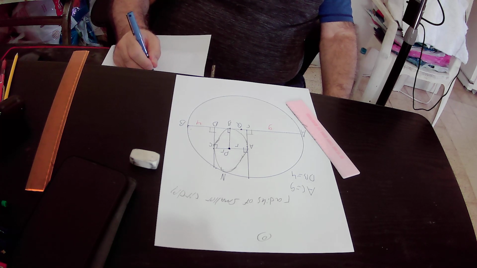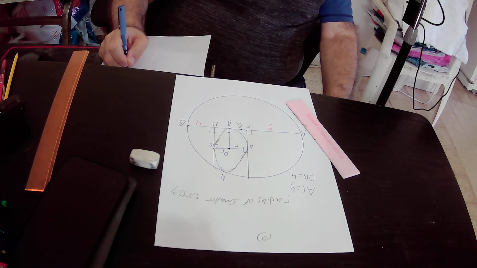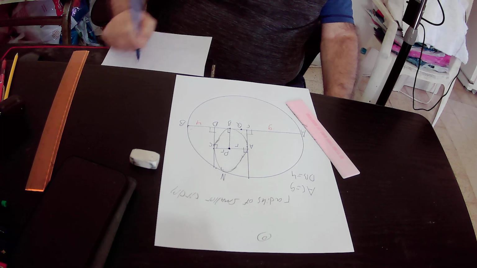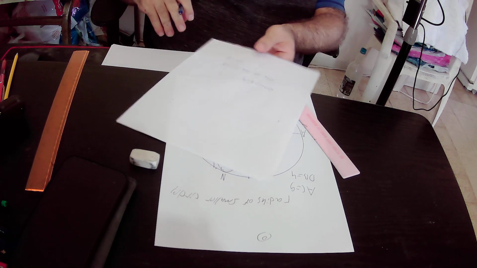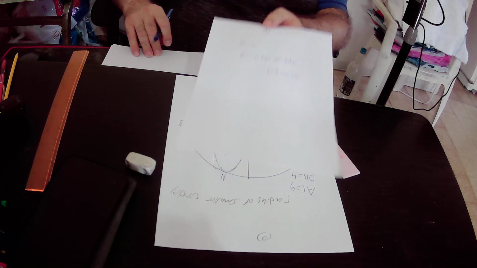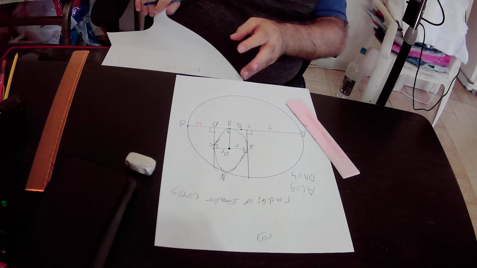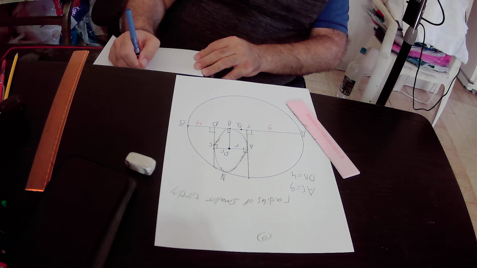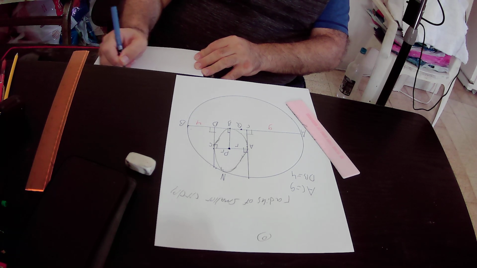Capital R is the radius of the big circle, and small r is the radius of the small circle.